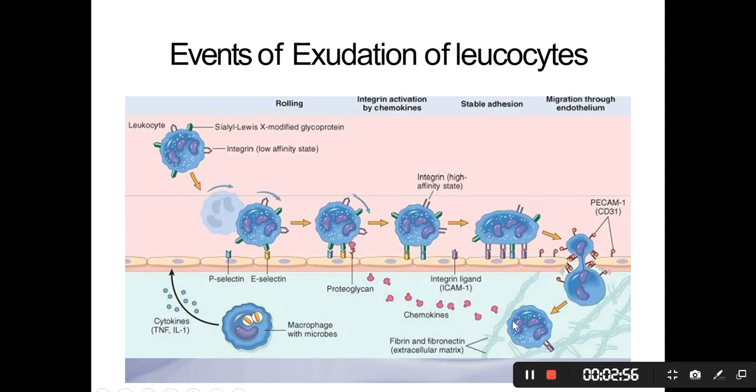And what is this? This is the extracellular matrix which is made up of fibrin and fibronectin. So the neutrophils which are supposed to stay inside the vessel have now come out to fight against the bacteria. This is just an example that a monocyte has ingested the microbes, which we will study in phagocytosis.